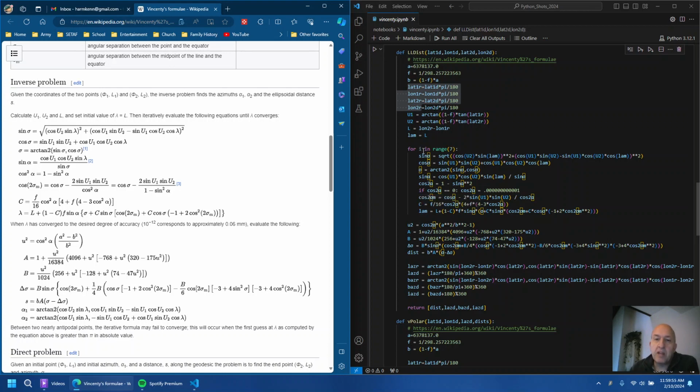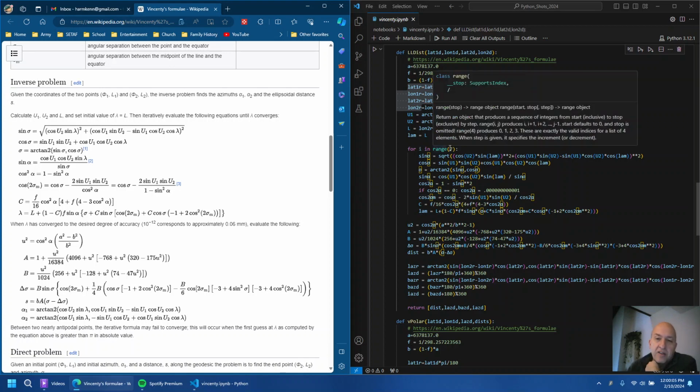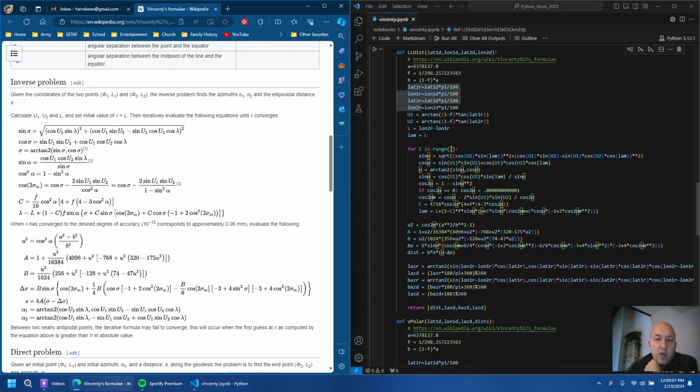And then we keep doing this cycle till this lambda settles in on a number, so where it's not really changing anymore. As I tried out lots of things, you could probably get away with 4 times, but I went 7 just to make sure. And then once it gets to there, we come out with all of these numbers.